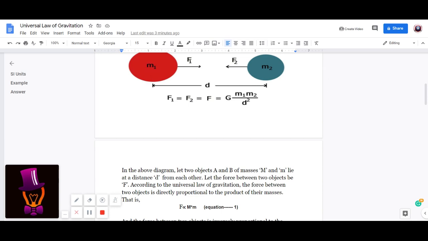According to the Universal Law of Gravitation, the force between two objects is directly proportional to the product of their masses. That is, F is directly proportional to capital M into small m. Directly proportional means if the value of F increases, it will increase for capital M into small m as well, and if it decreases for F, it will decrease for capital M into small m as well.